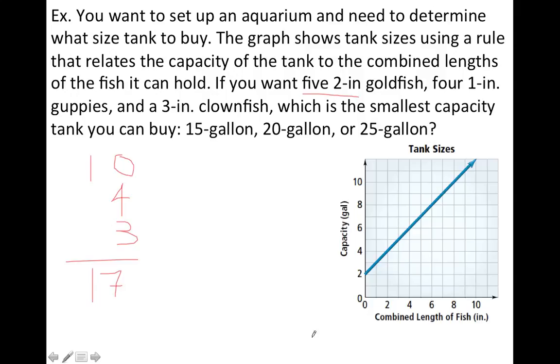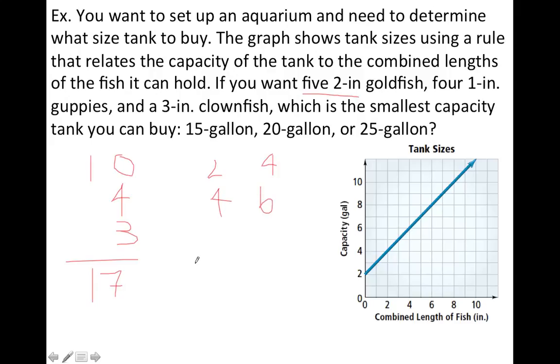So if you go over here and you notice 17 is not on our graph, we have to estimate it. So you have to figure out the pattern. If we notice at 2 inches, we have to have a 4-gallon tank. And at 4 inches, we have to have a 6-gallon tank.